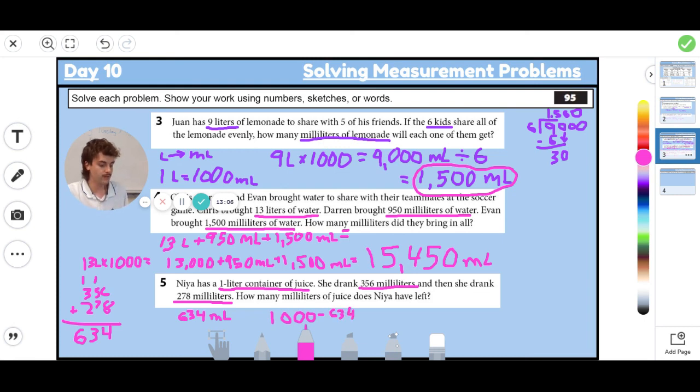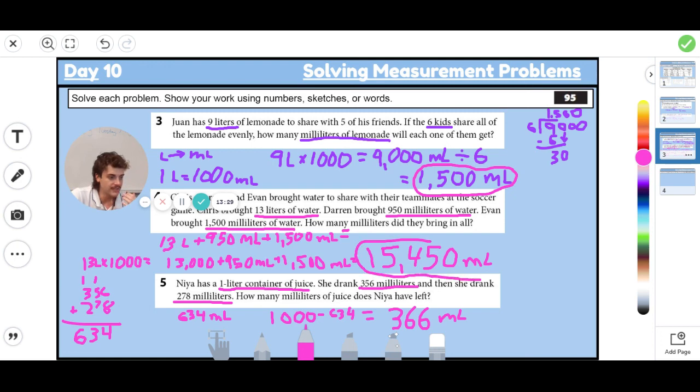When I take 1,000 and I subtract 634, I get my total of 366 milliliters left.